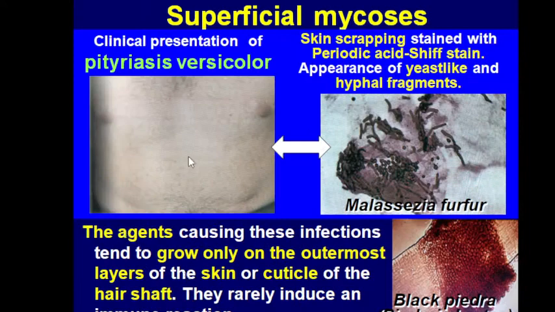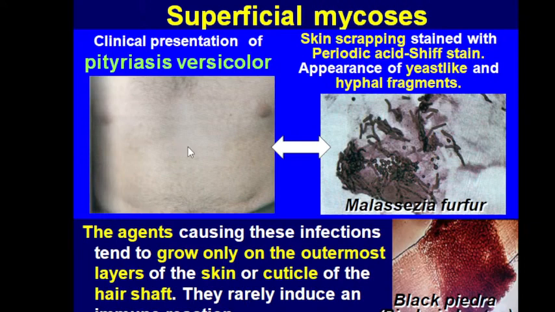That is another example. That is called Pityriasis versicolor. There's a clinical presentation of it. If you take a closer look at the male's chest, you can see some discoloration of the skin. The agent that caused this infection grows only on the outmost layers of the skin or cuticle of the hair shaft.